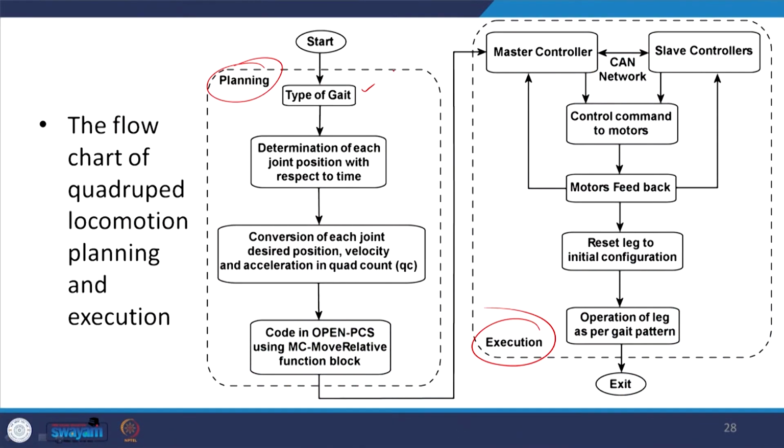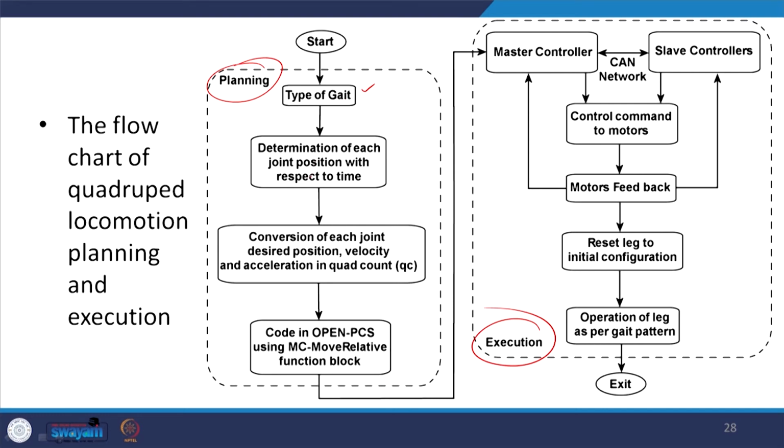So, this is how we planned and executed the motion planning. We start, and then we decide what type of gait our robot is going to follow.